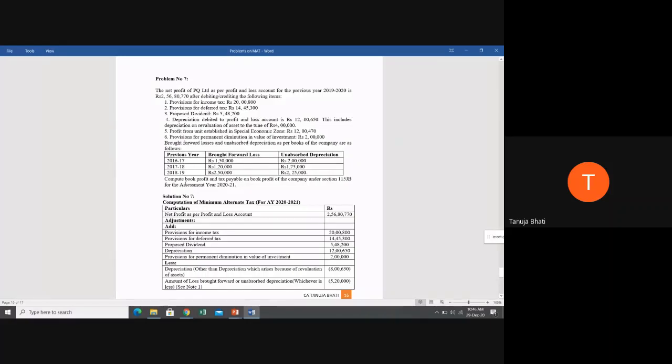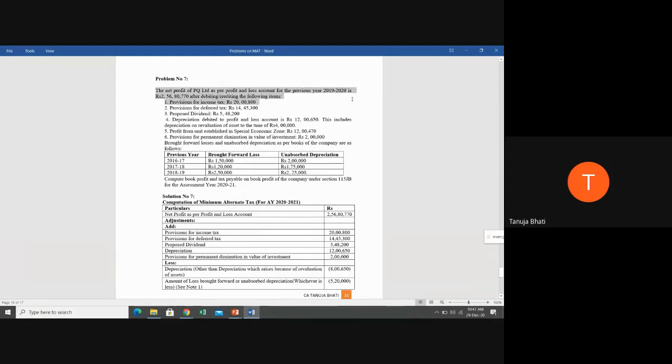Here they're telling us to compute the book profit and tax payable on book profit as per MAT. If they give you an exam question on 115JB, remember only as per MAT you have to calculate. If they tell you what is the tax to be paid by the company in general, then you need to do as per normal provisions as well as per the MAT provisions. Whichever is higher, you need to consider that.